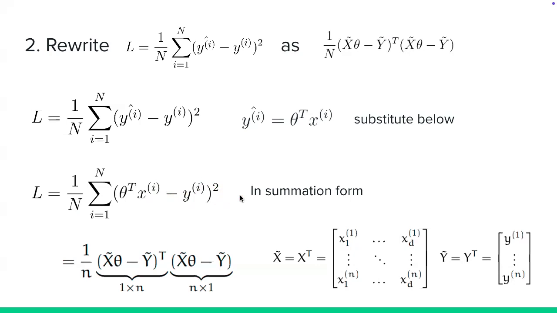If you remember our training data set, we had a matrix called X and a vector called Y. The matrix X stored our data points.